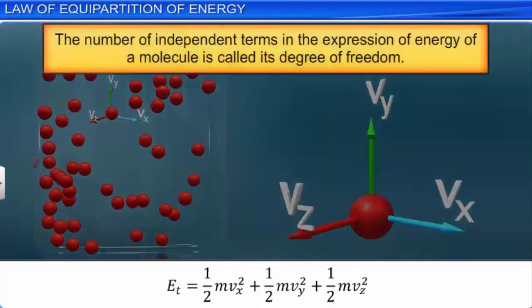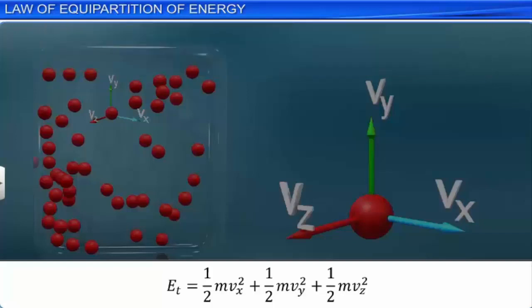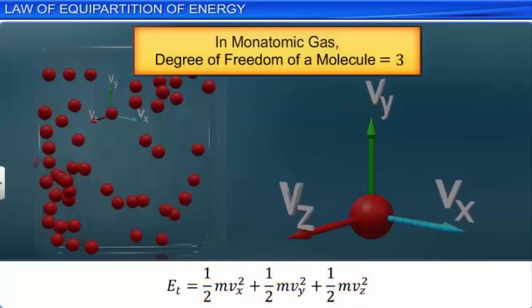The number of independent terms in the expression of energy of a molecule is called its degree of freedom. In the expression of translational kinetic energy, there are 3 terms that can be treated independently. So, the degree of freedom of a molecule in the case of a monoatomic gas is 3.